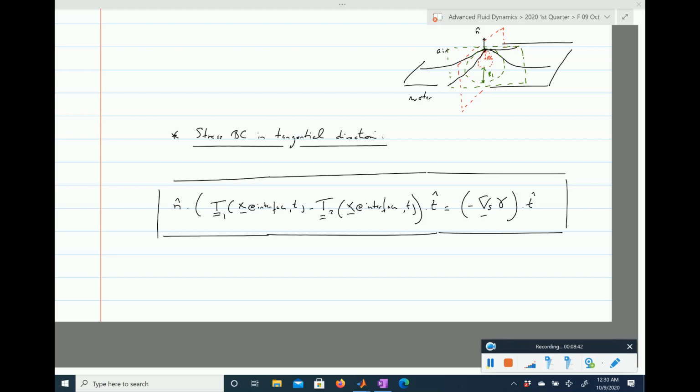Note again that this is only non-zero if there is a surface tension gradient. And note that this is called a Marangoni stress.